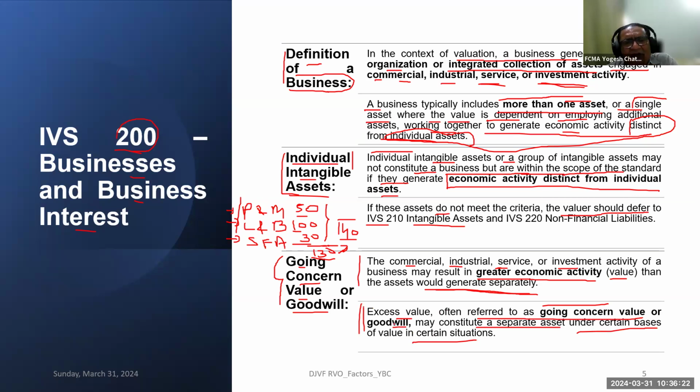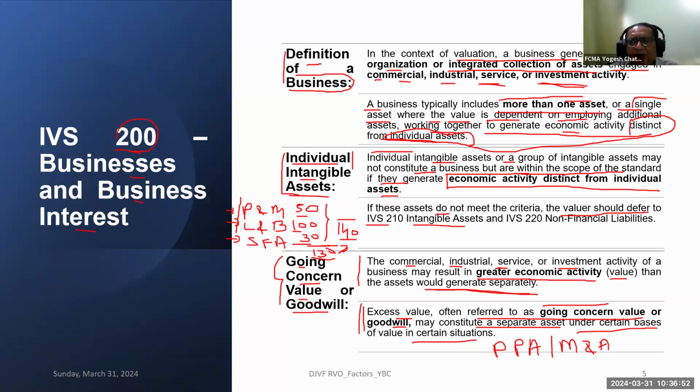One example is PPA. As we all are aware, purchase price allocation is done in cases of mergers and acquisitions, where the acquirer has acquired multiple assets for a consolidated purchase consideration.